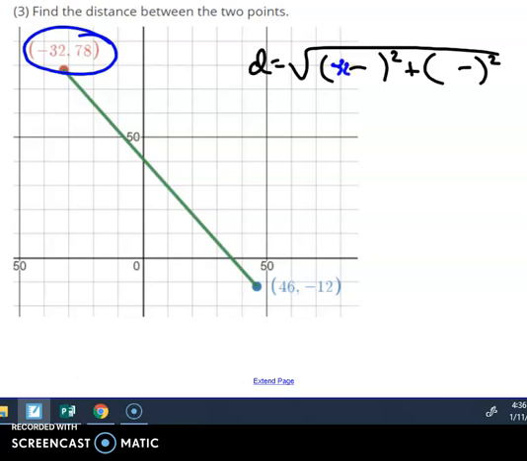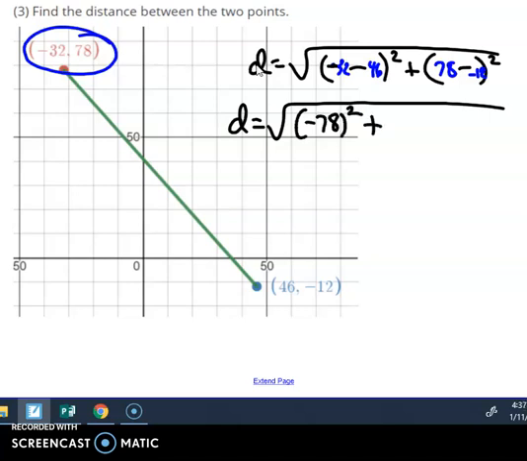Negative 32 and 78, 46, and negative 12. So d is equal to the square root of, this is negative 32 minus 46, which will give me a negative 78 squared, plus 78 minus negative 12, that would be a positive 90 squared.